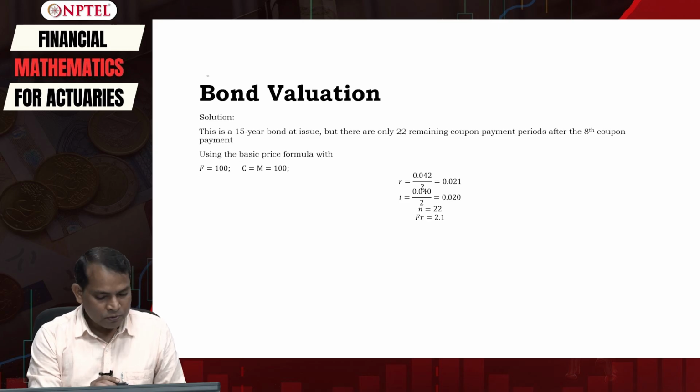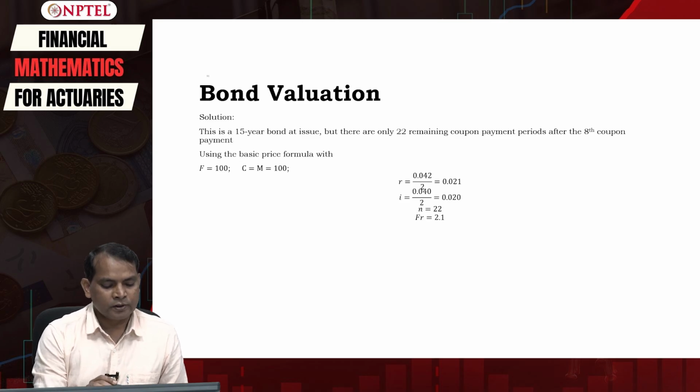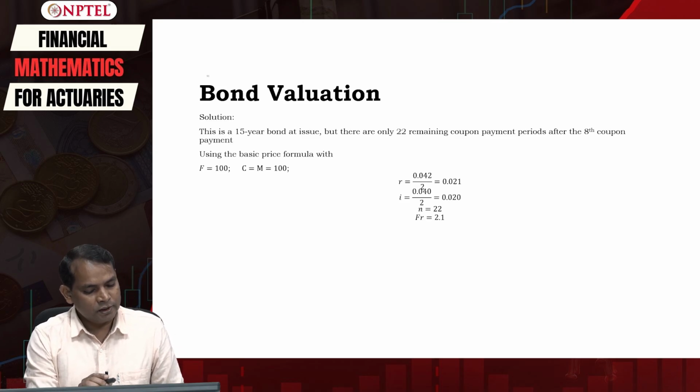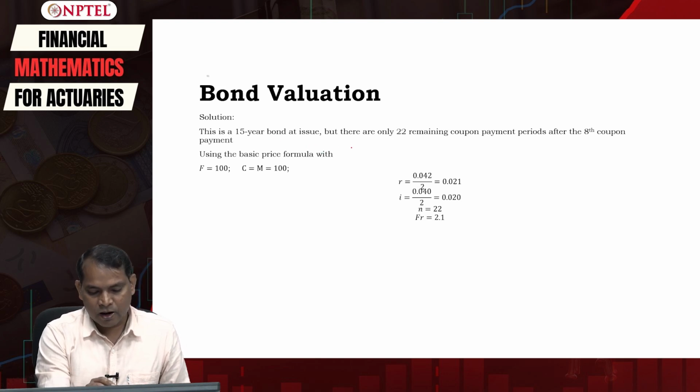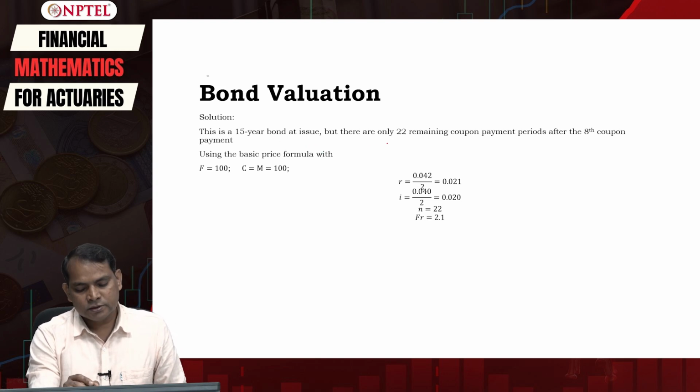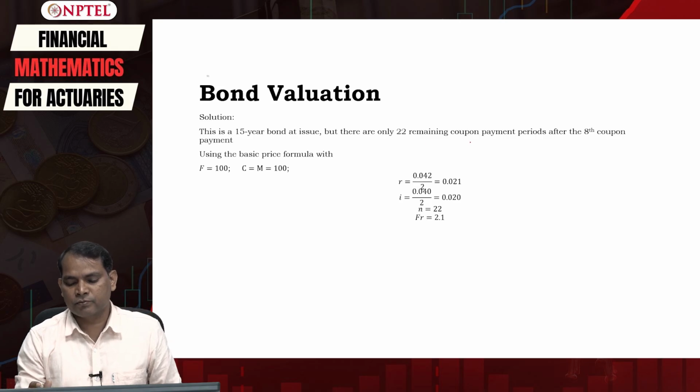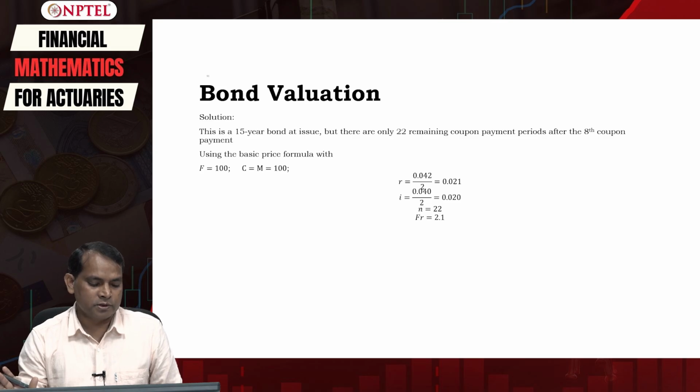So this problem is basically a 15-year bond at issue, but there are only 22 remaining coupon payment periods after our 8th coupon payment has been made.